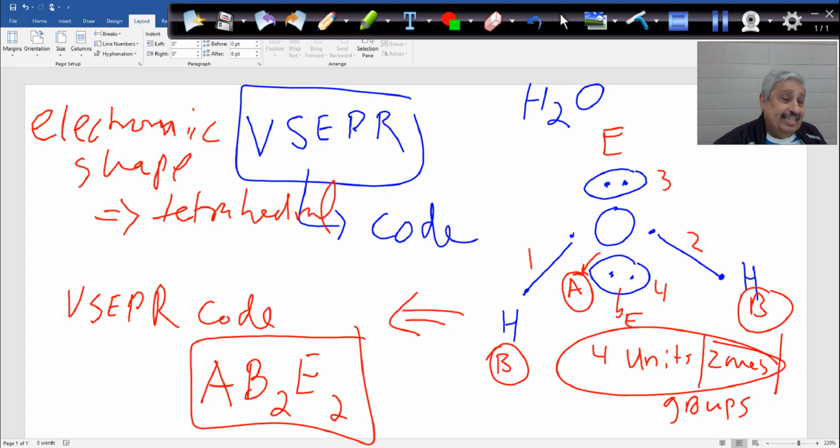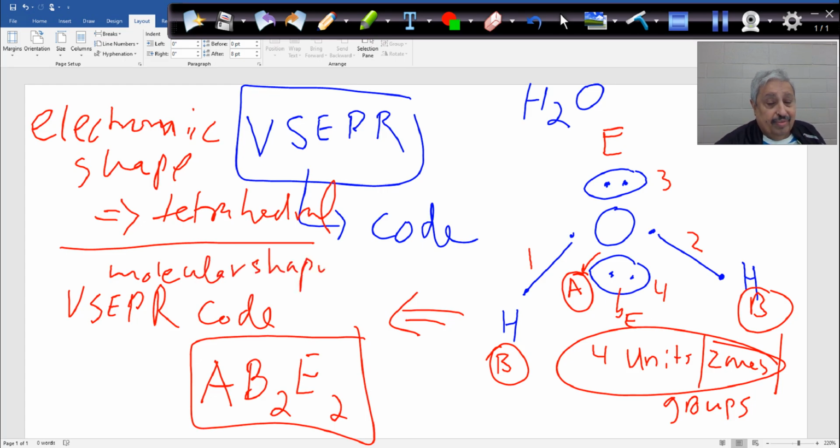But we are interested in the molecular shape. The molecular shape of AB2E2 is called bent. Okay, guys? So let's look at some examples.